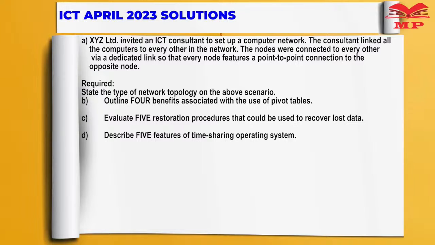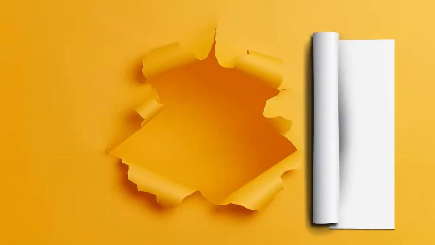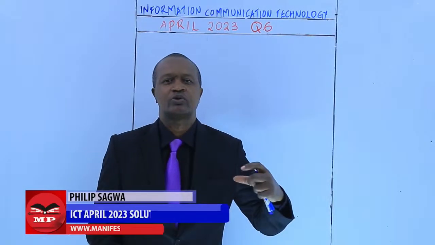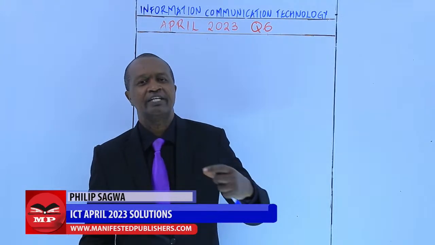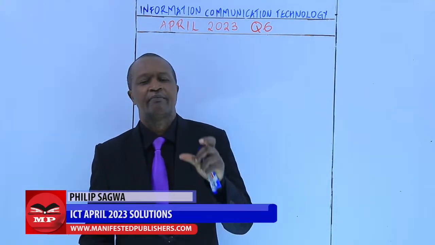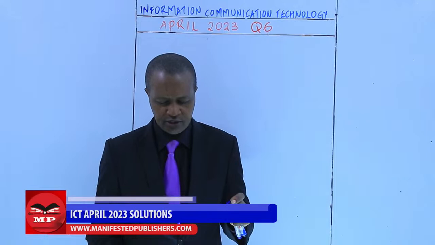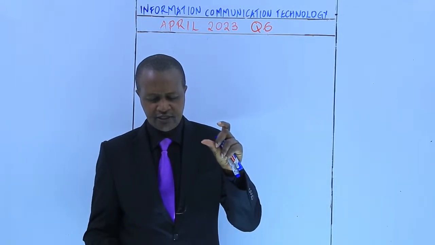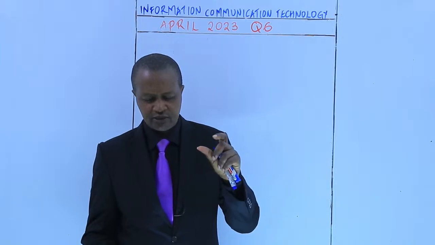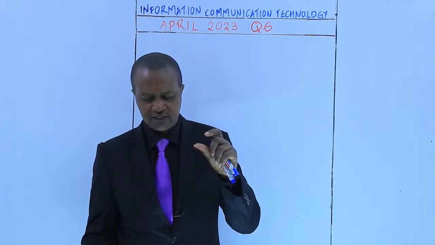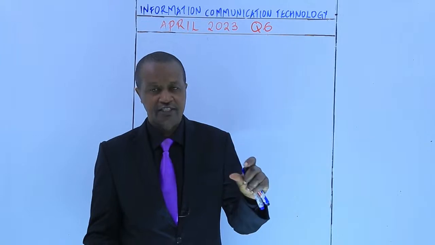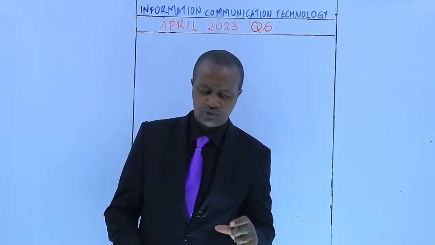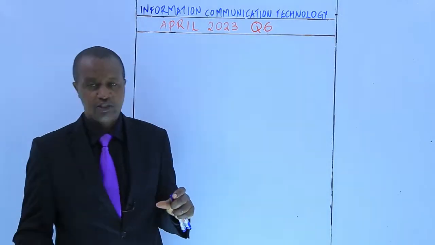Now, this type of network topology is known as the fully connected network or the mesh network topology, where every node is linked to another and every node features a point-to-point connection to the opposite node.